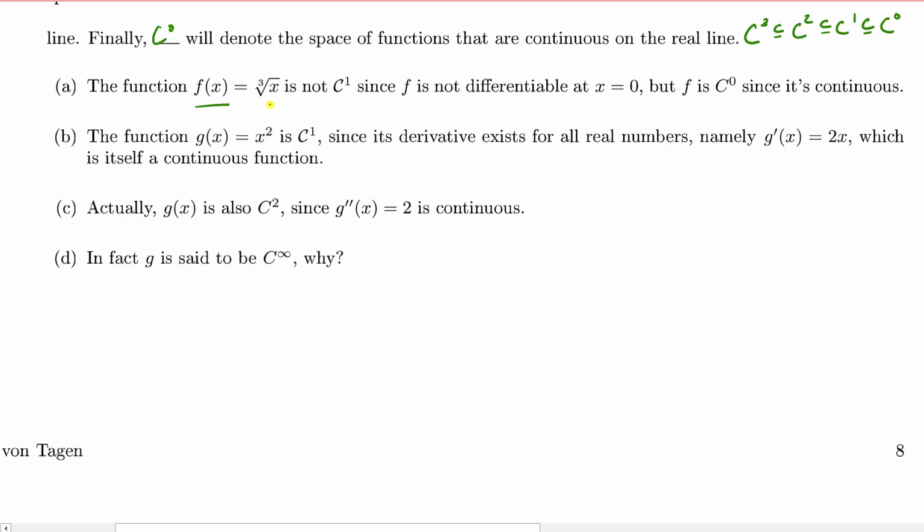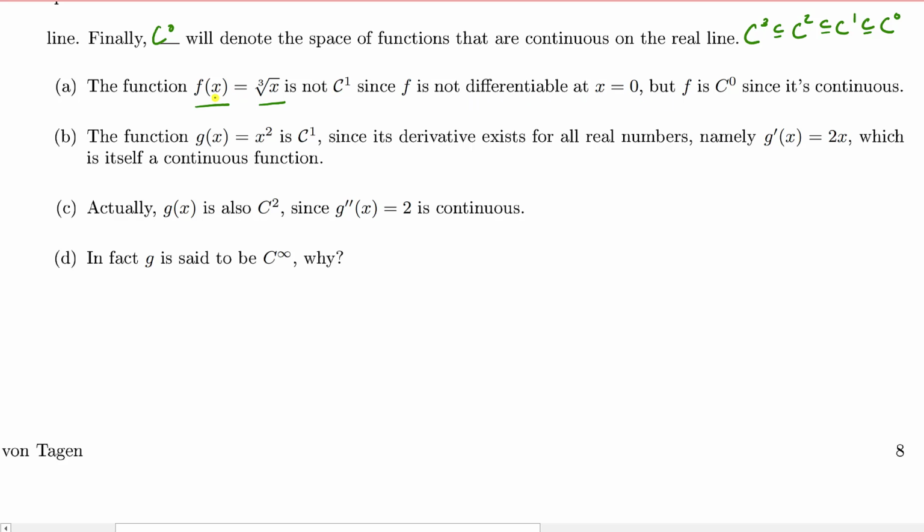The function f of x equals the cube root of x is not C1. Even though the cube root function is continuous, its derivative does not exist at x equals 0.